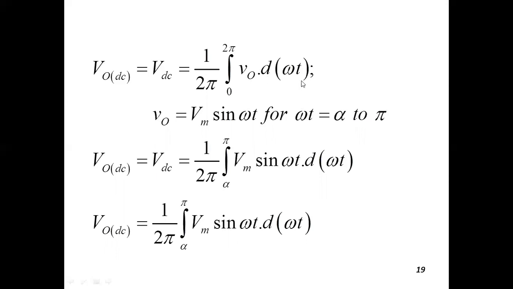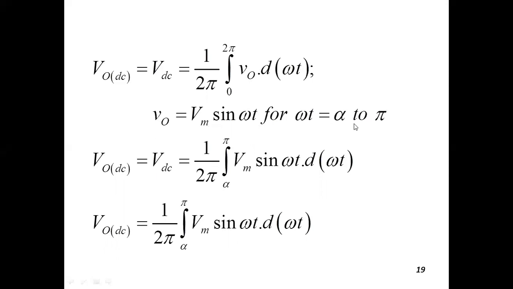This is the complete output voltage, but V naught equals Vm sin omega t only for omega t from alpha to pi. The output voltage we get is only between alpha and pi.